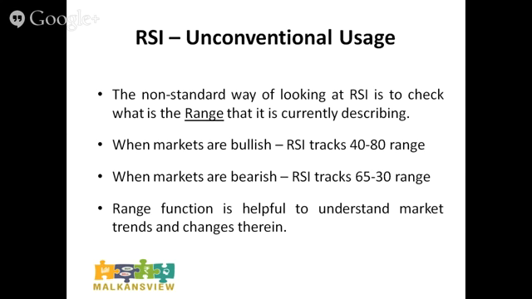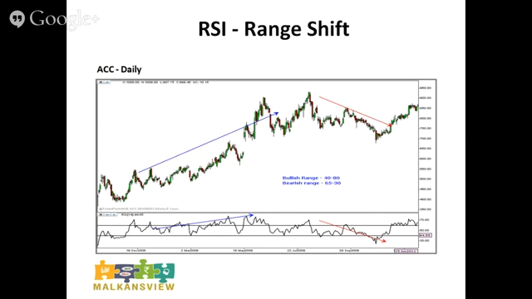So when you divide the range into this form, it further helps us to understand what the market is, what the trend is. Now let's understand this chart, where you can see the uptrend. The lines drawn on RSI are not 70-30, but 40-60. Why 40-60? Because 40-60 is the common ground between bullish and bearish range. Now if you look at the uptrend, in an uptrend, the market never goes below 40.